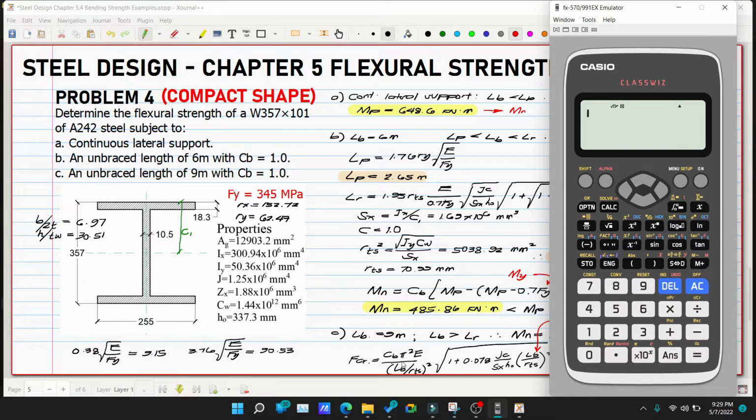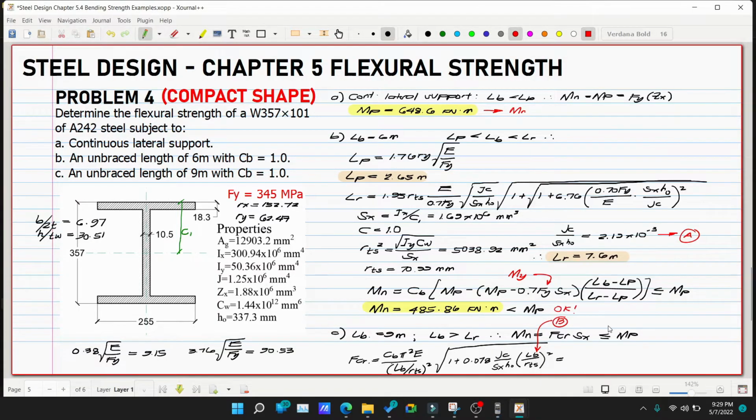Okay, so solve natin yung ating FCR kasi lahat naman na given. Meron rin tayong CB. Ang ating CB is 1.0 multiplied by pi squared E, so 200,000 over LB over RTS squared, which is our alpha B, multiplied by the square root of 1 plus 0.078 multiplied by JC over SXHO, that's alpha A, multiplied by LB over RTS squared, which is our alpha B. Ayan, so 237.795.